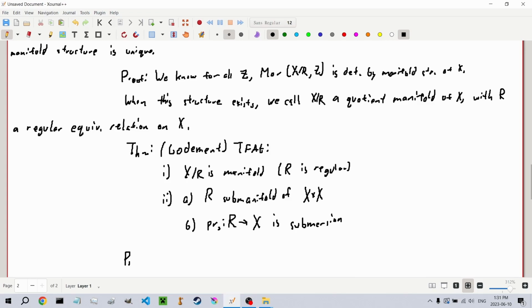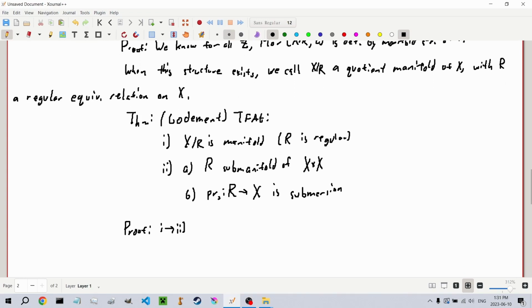Let's look at the proof. So we want to show that first off, if X over R is a manifold, we have these conditions. First off, we get this commutative diagram.